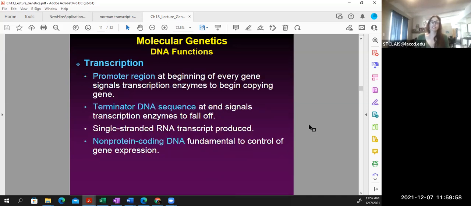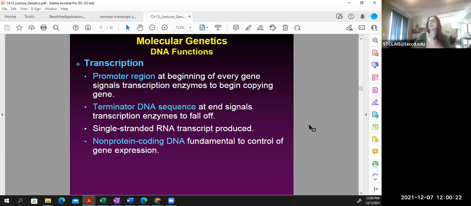Okay, so how does this work? There is a promoter region that's upstream or at the very beginning before the gene or the coding sequence. And that promoter region is going to recruit the transcription factors that need to bind to the site. So the promoters are basically saying, come to the DNA party.